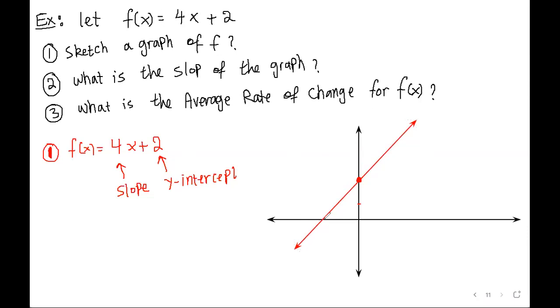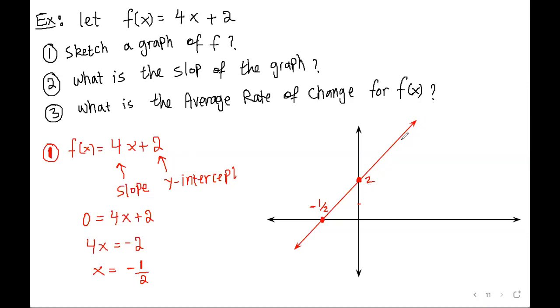Now, to find the x-intercept, make this equation equal 0. Like we learned before, 0 equals 4x plus 2. Now you solve this equation: 4x equals minus 2. I move this to this side, divide by 4 on both sides, x equals minus 2 over 4, which is minus 1/2. So this point here is minus 1/2, and this point here is 2.